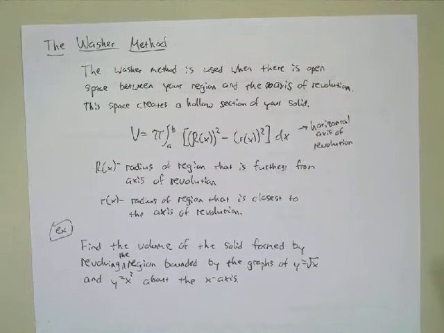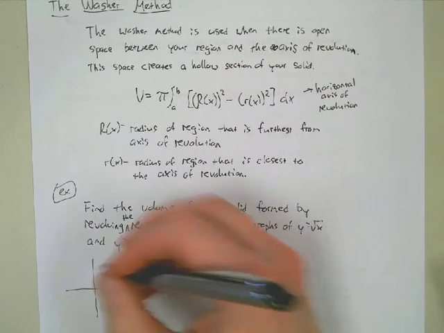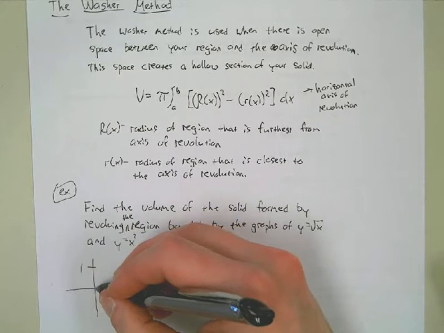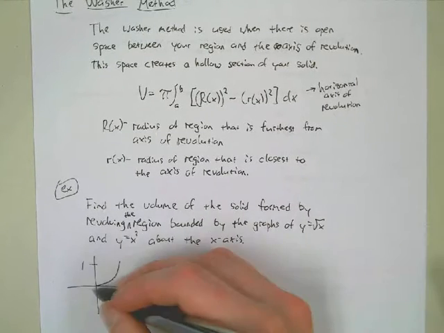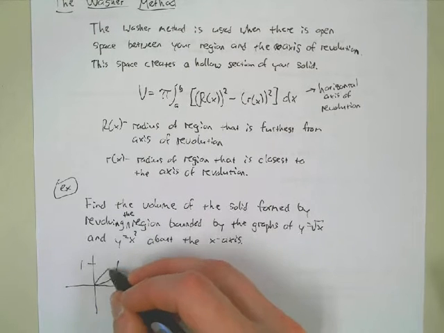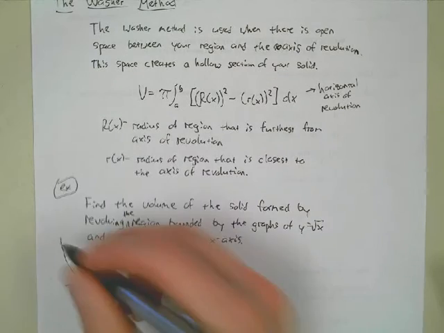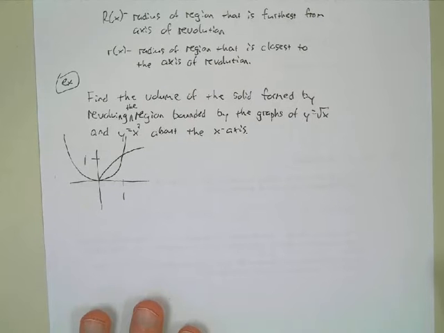All right, so let's sketch this region now. Square root of x is going to be concave down like this, but x squared is going to be concave up like that from 0 to 1. If we look at our curves there, can we identify the region?